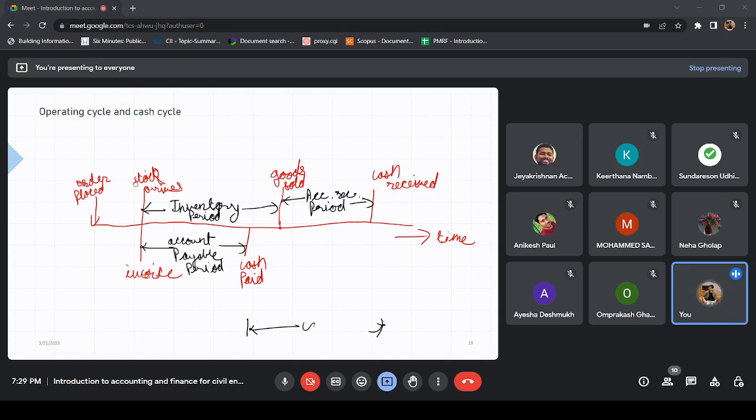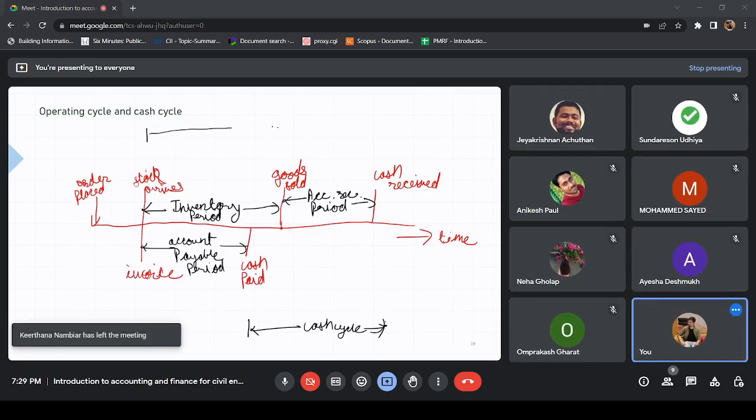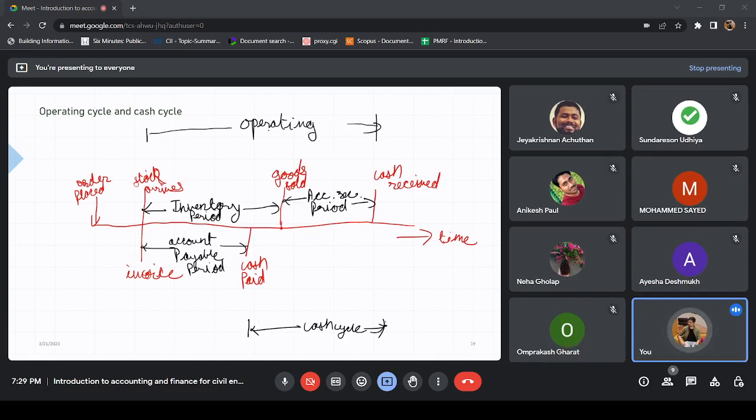So this is your cash cycle actually. Between paying and receiving, that is only when you are worried about cash, right? But what about operating? You will say that once my stock arrived and when I received the cash for it, this is my operating cycle.